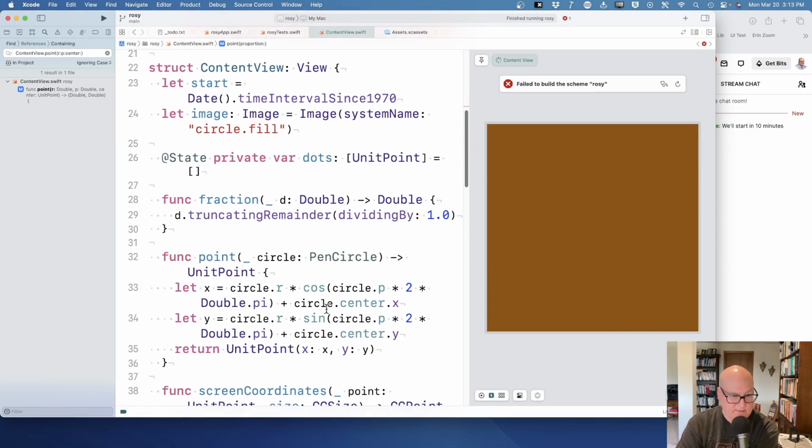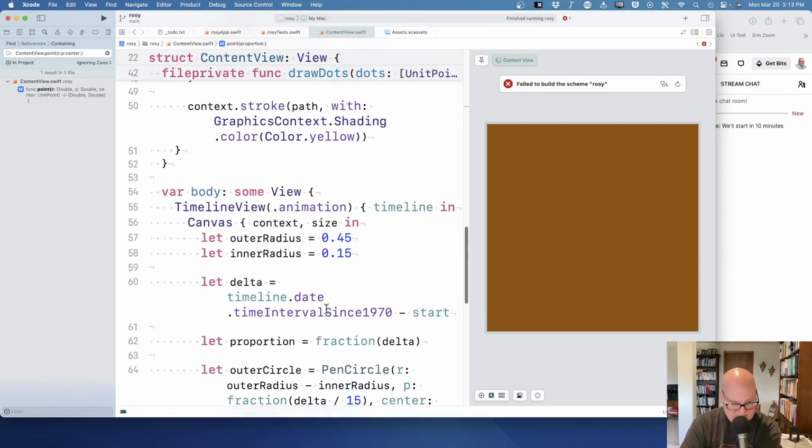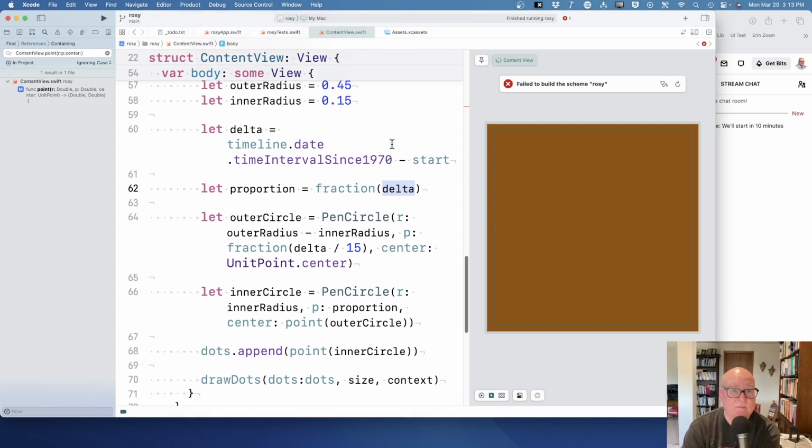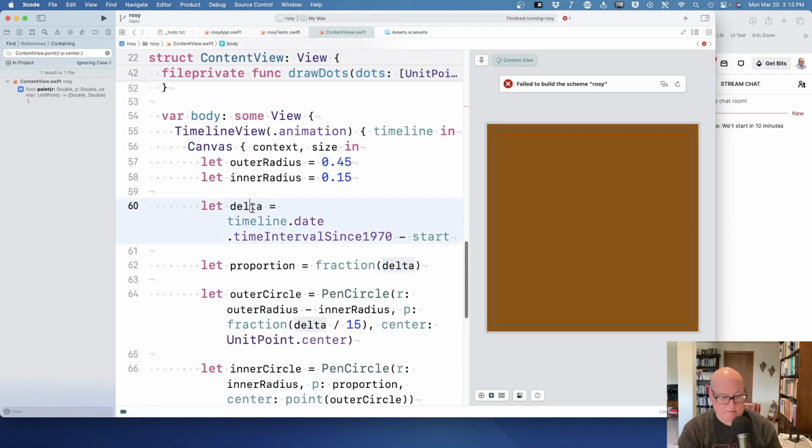Okay. So I think given, down here, given, do I want, maybe I need delta. Is it time interval?